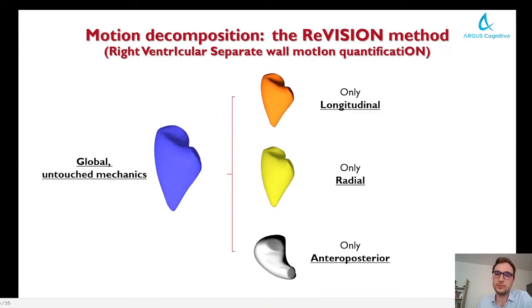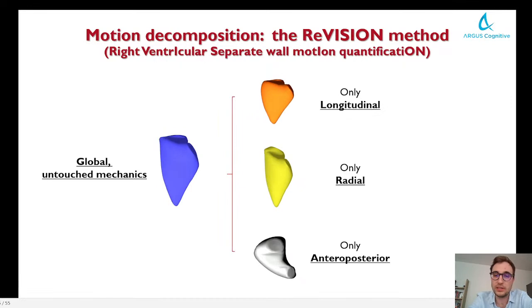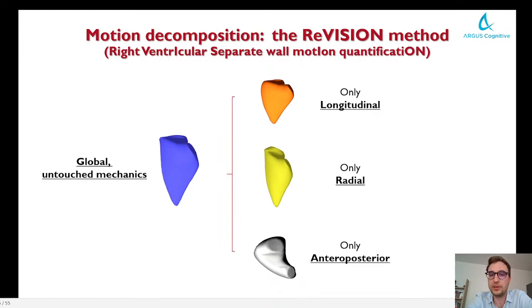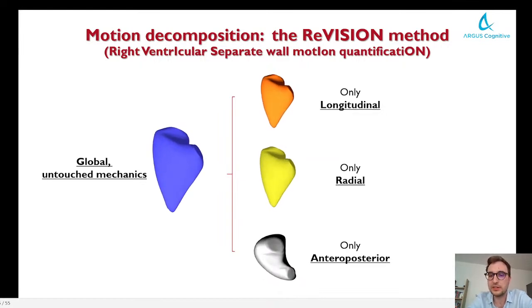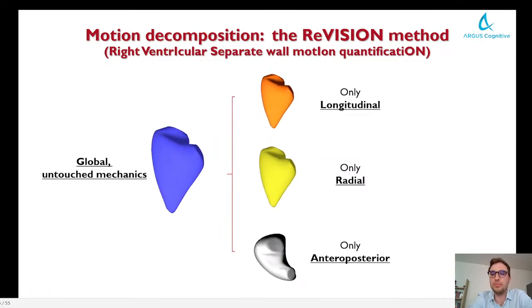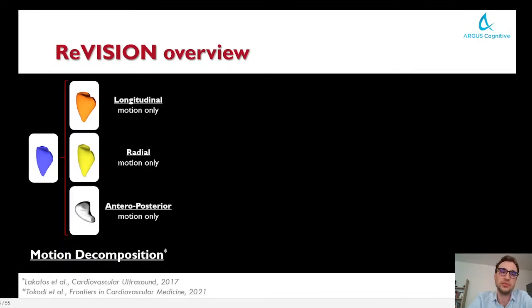On the left side of the slide, you can see a right ventricle mesh throughout systole and diastole with its global untouched mechanics. So this method will decompose this three-dimensional motion of the right ventricle. Therefore, we can assess the longitudinal, the radial, and the anteroposterior motion of the right ventricle separately. By basically switching on and off the motion components, we can separately quantify the absolute and the relative contribution of them.